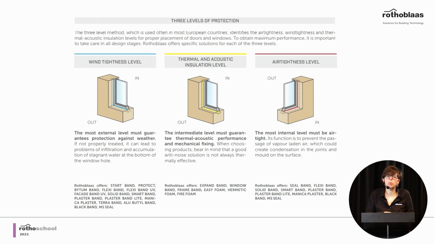So seal the window on the outside with tapes or some sealant; seal the window in the intermediate layer, where we put the window in contact with the structure, with self-expanding tapes or foams; and third level of protection, the air-tightness: seal from the inside with tapes or proper sealants.